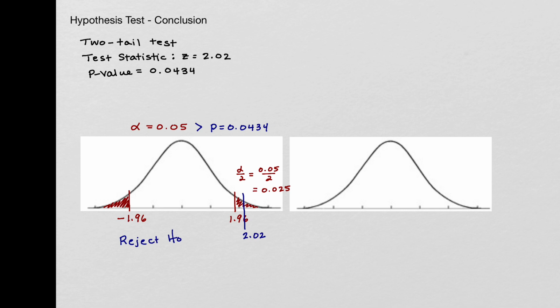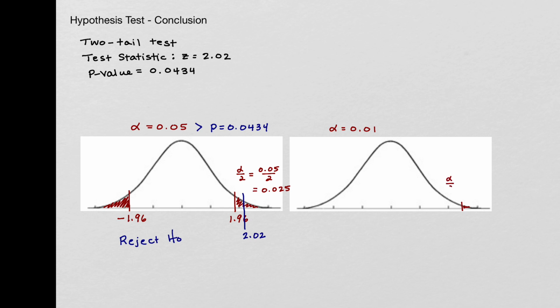What if alpha instead was 0.01? Then we have a smaller critical region because we have a smaller area in the tail. So now alpha is 0.01.